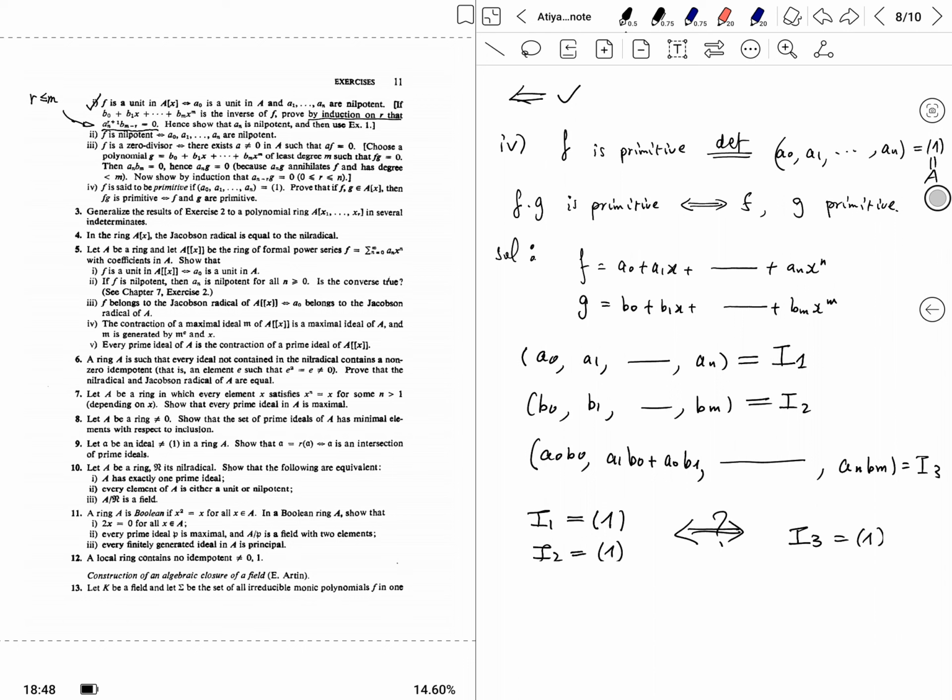So firstly, let's observe that I3 is contained in I1, because every element in this ideal is generated by a0 to an, and similarly it's also in I2.